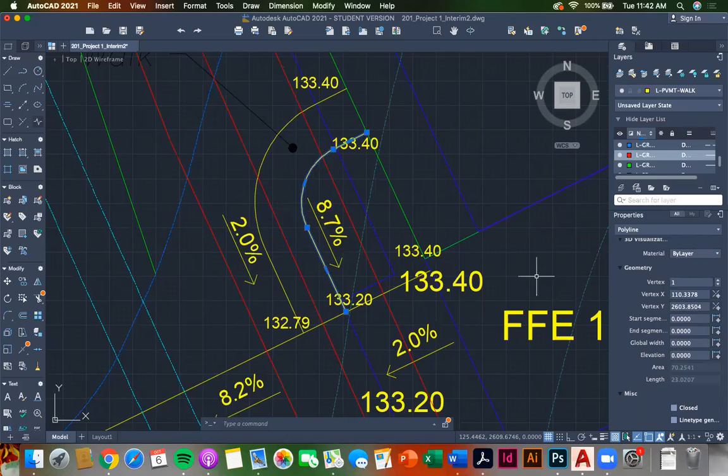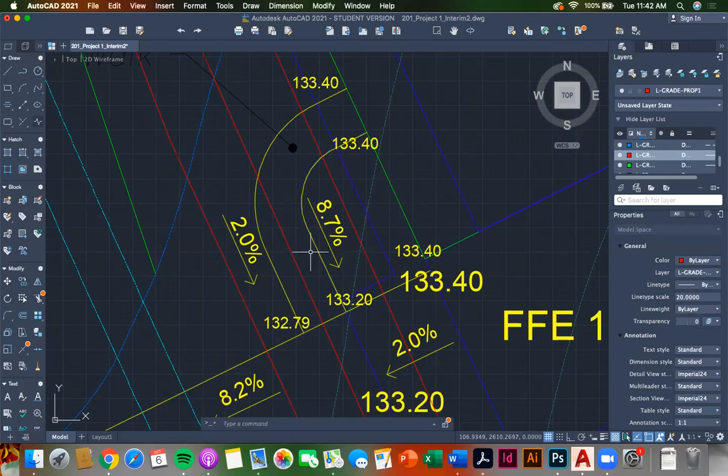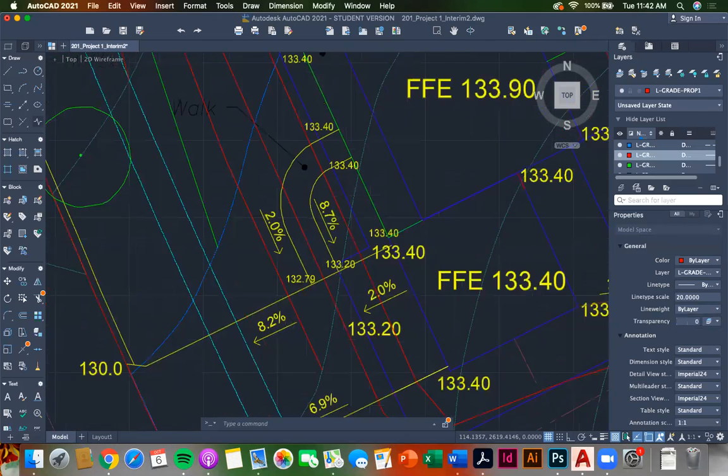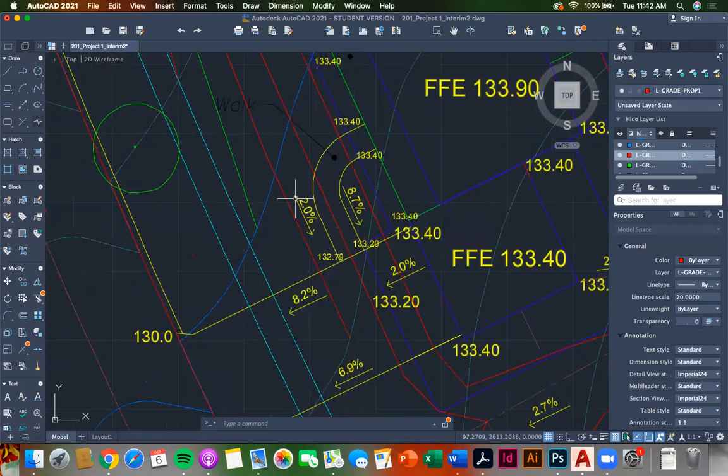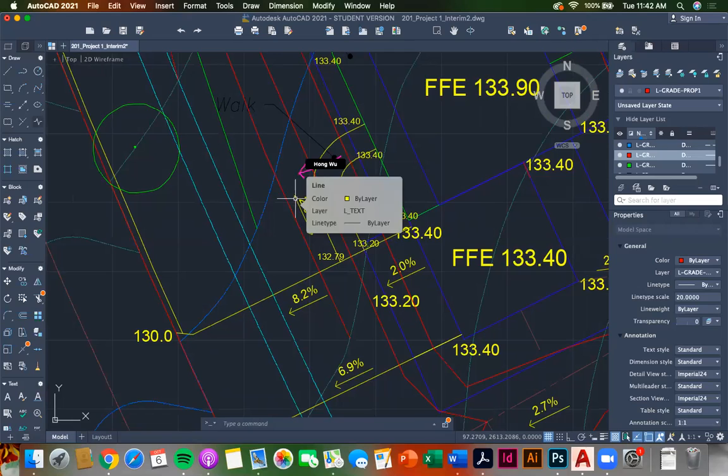Okay. Cool. Because basically your main change happens in this direction, your main slope is in that direction. There are multiple ways of grading this walkway.